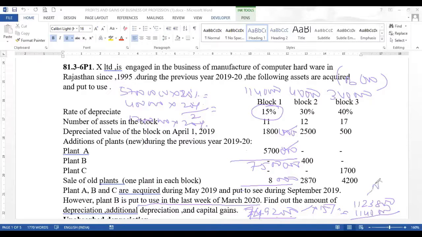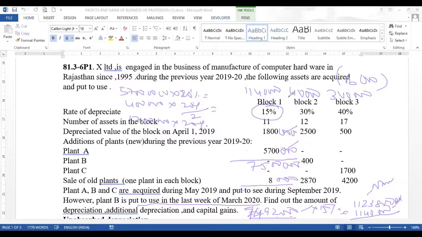This is normal depreciation, and this is additional depreciation. Okay. Now let us look at the second one. I'm just erasing this; if you want, you can copy it down. Then I will do the second part.